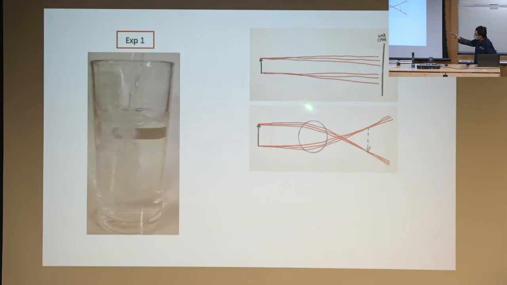But if there's water in the cup, just like a spherical glass, then the light will bend through the glass to the image plane. So you can see the image is reversed from the object.